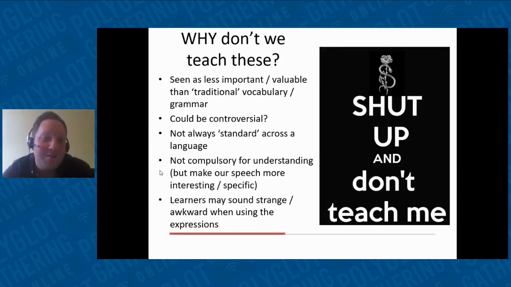But I do think it makes speech more interesting, more specific, maybe more precise, even with what you're trying to say. And just like in the case of the German man saying it's a bit nippy, I think they create bonds between people when we use them, because some of them are very funny and engaging.